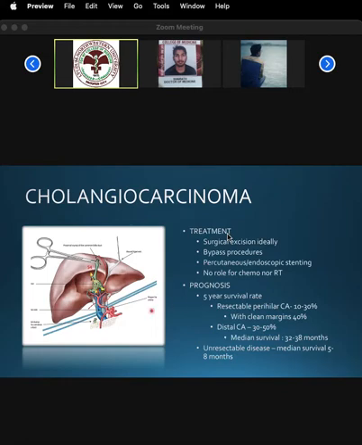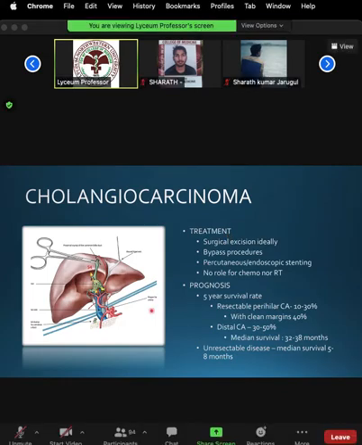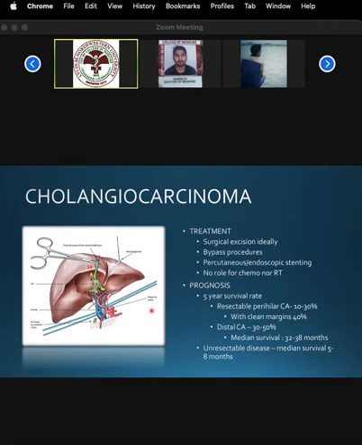The operative mortality is high, especially for perihilar disease. And we should remember that there's no role for chemotherapy nor radiotherapy. Now, for your prognosis, the 5-year survival rate is, accordingly, for resectable perihilar carcinomas, 10 to 30%.